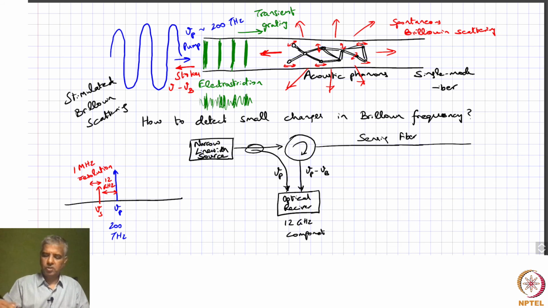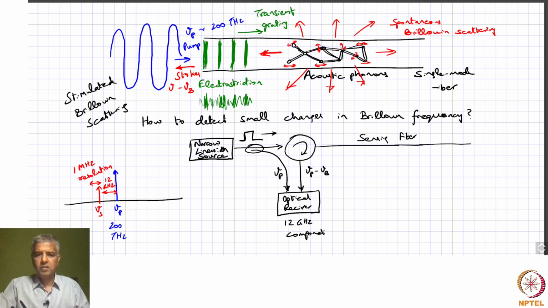Okay. And of course, you want to localize the strain and temperature information, which means that you are going to be sending a pulse of light. So, that is actually like your OTDR technique.